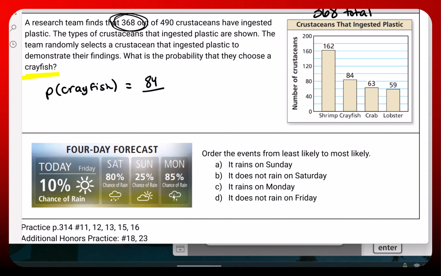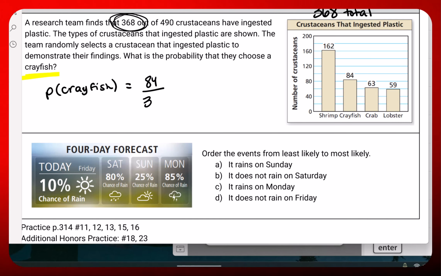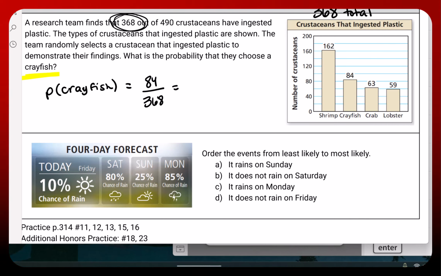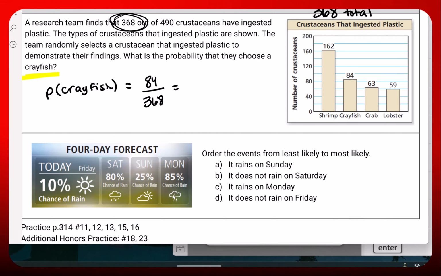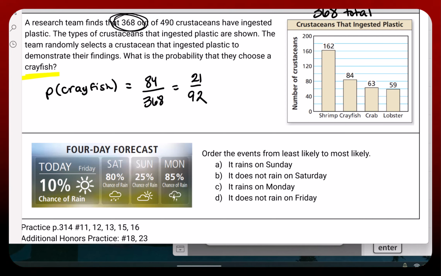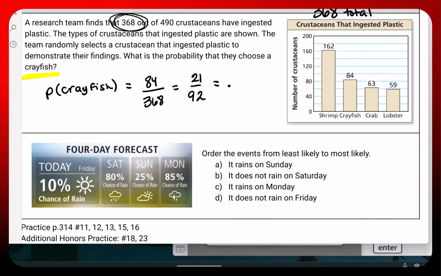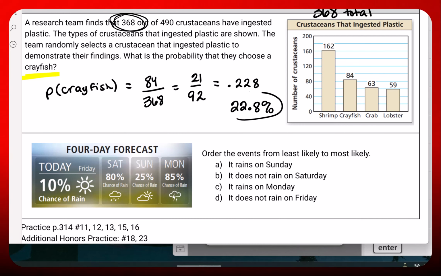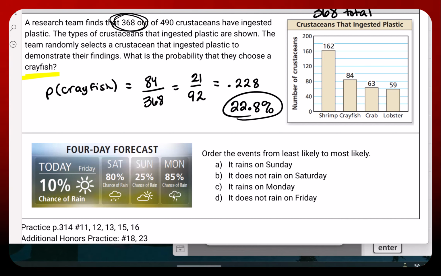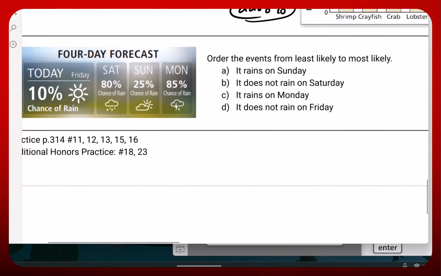And then we're going to divide that by the total, which is 368. Okay, and you can either simplify the fraction on your calculator, which simplifies to like 21 out of 92, but it would always make more sense if you just change it to a percent. So 0.228 or 22.8%.